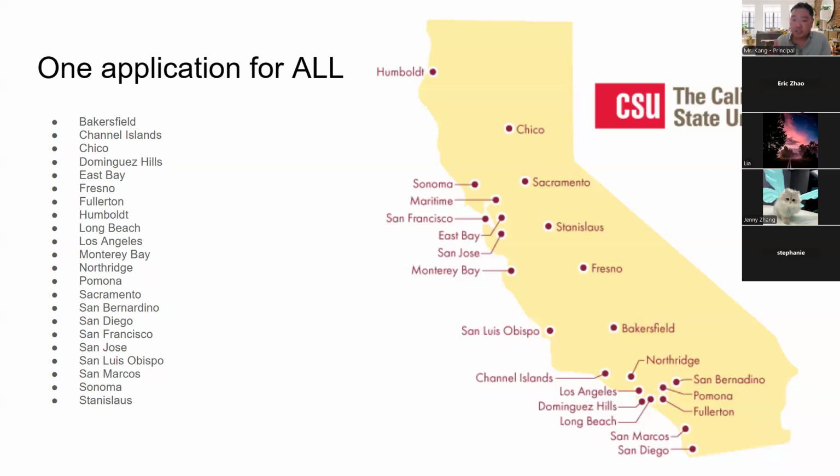So whether it's your dream school or backup school, your home Cal State will be beneficial. If you apply to that, you're going to have an easier time getting in. It's less competitive.